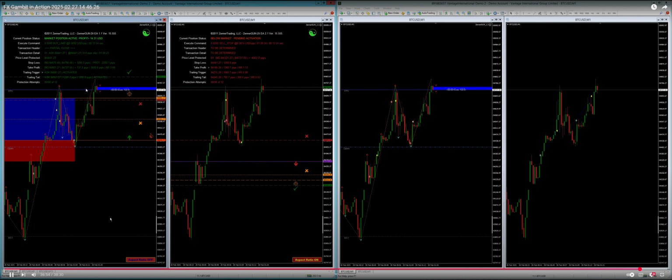Oh no. We're having a red candle. Lots of red ticks. You can see, by the way, what you see here, this blue rectangle represents the current spread, and the height of this rectangle is actually the size of the spread.